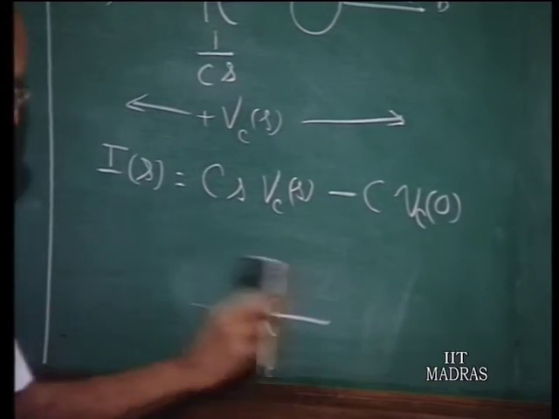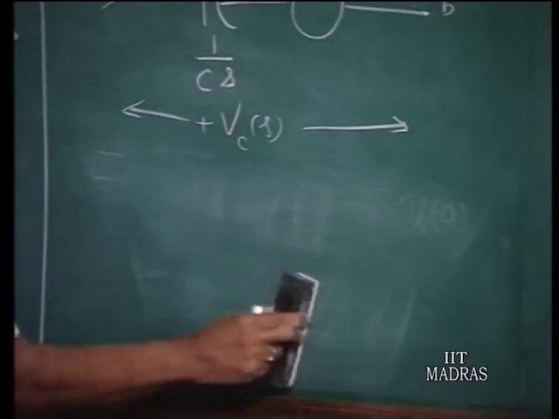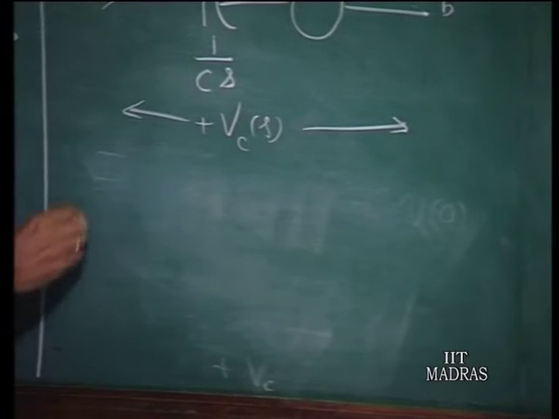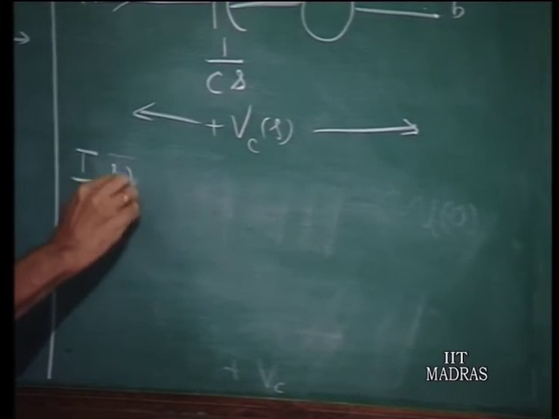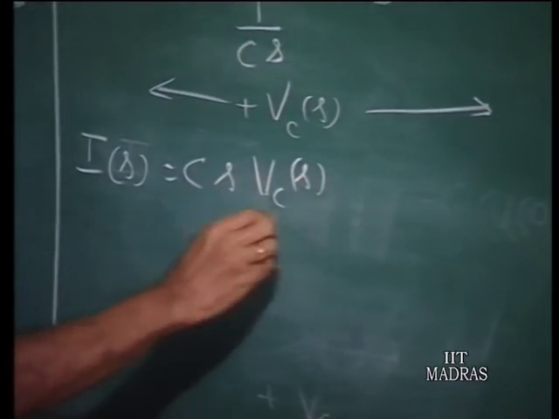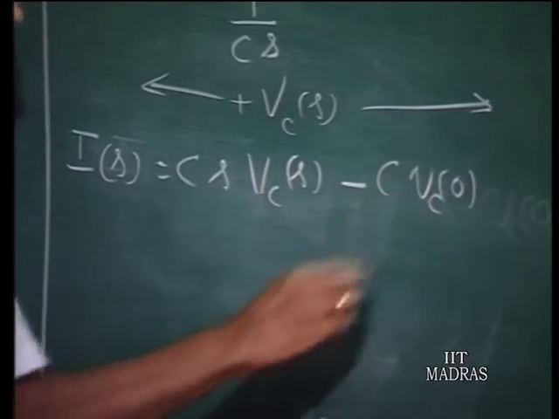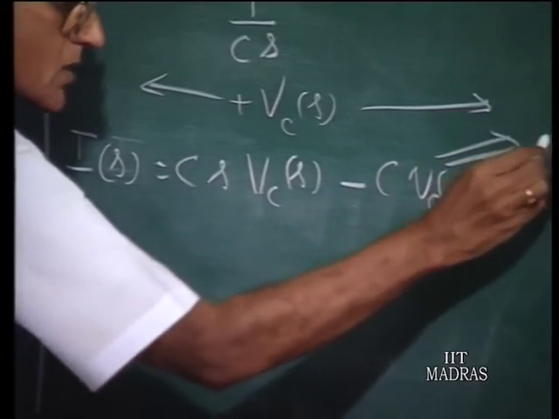Let me create a little more room here. I'll write this as I of s equals Cs times Vc of s minus CVc0, which of course is also Q0.